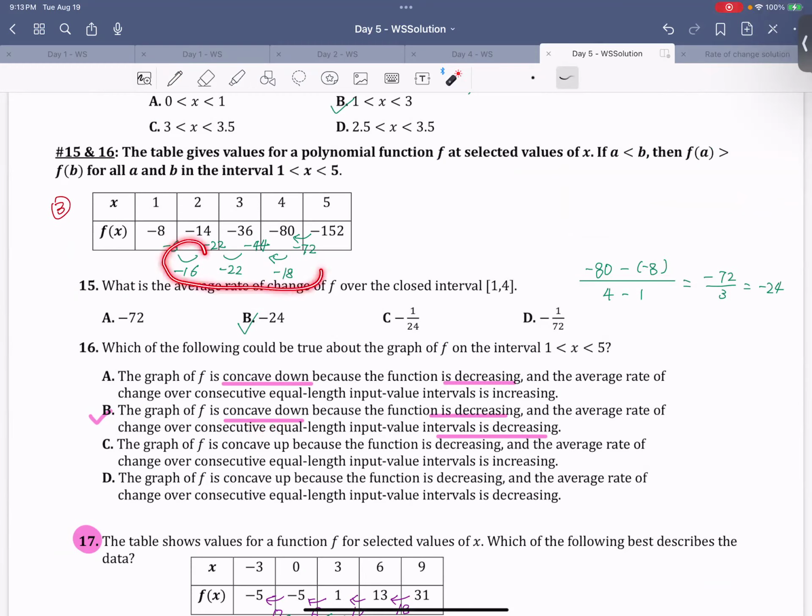Even when I calculate this, I cannot figure out what kind of quadratic it is because it is not constant. No, it is decreasing, and the rate of change is also decreasing, so it has to be this shape, not that shape. So it has to be concave down. This is number 3.